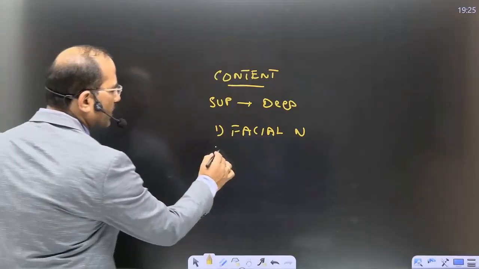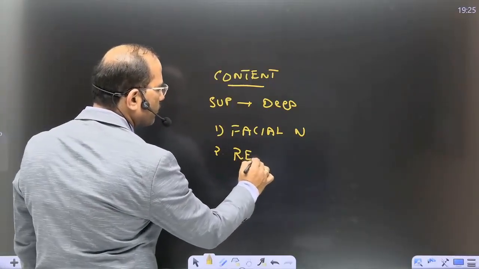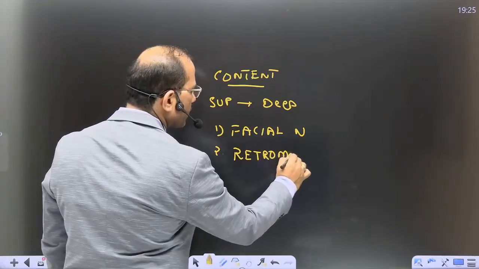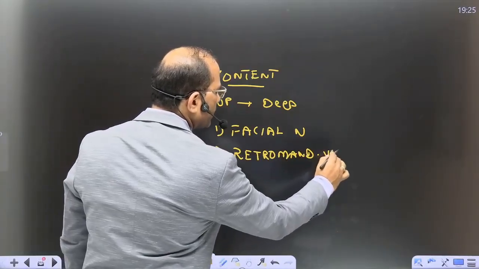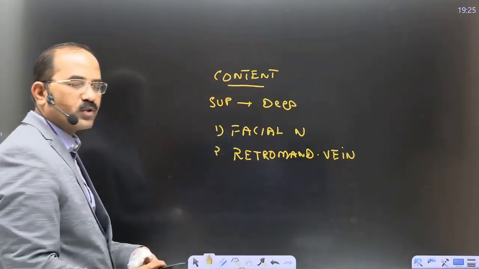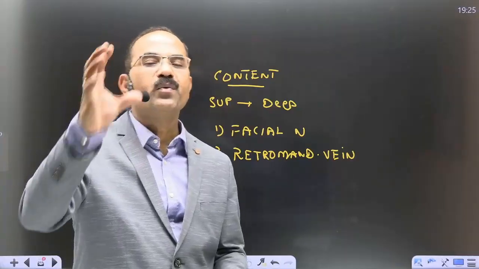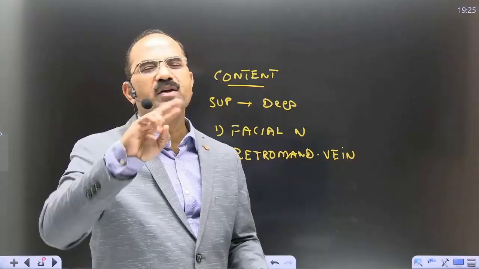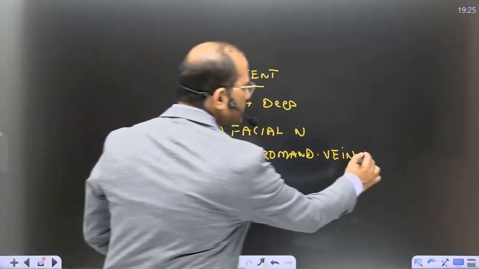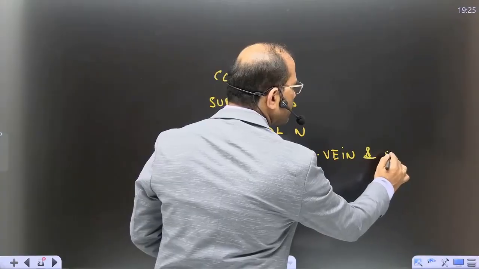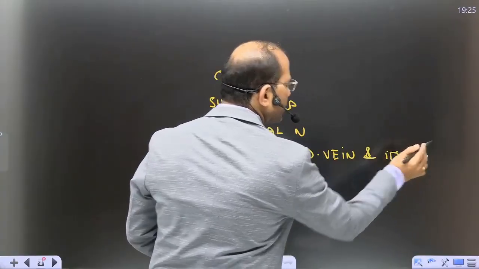The second one is the retromandibular vein. We know this retromandibular vein is formed by the joining of two veins, the superficial temporal and maxillary, and it has anterior and posterior divisions.